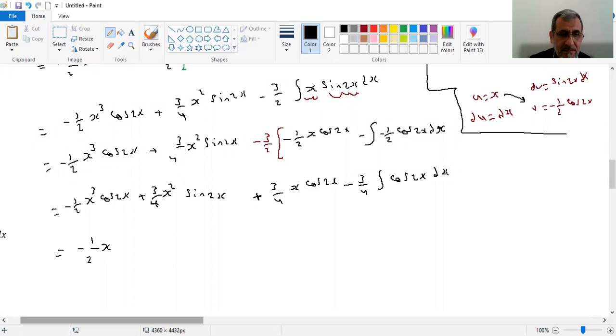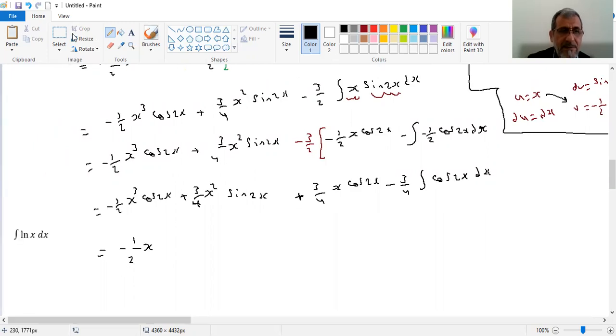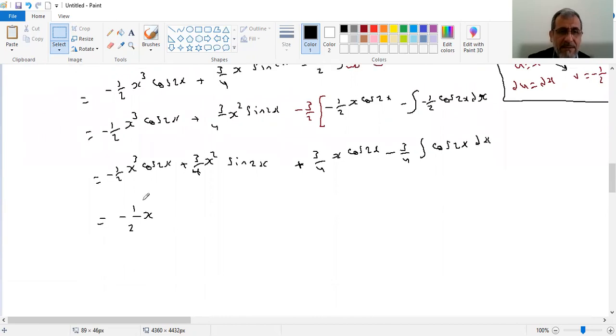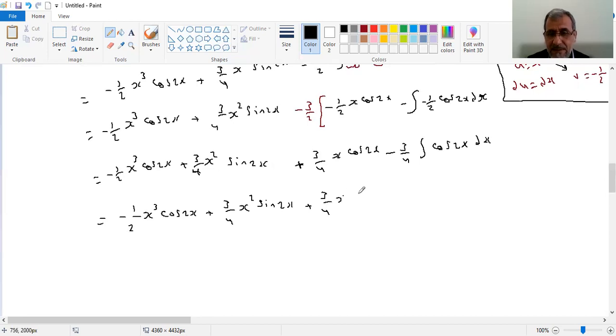Now we write this one equal to negative half x cubed cosine 2x plus 3 over 4 x squared sine 2x plus 3 over 4 x cosine 2x.